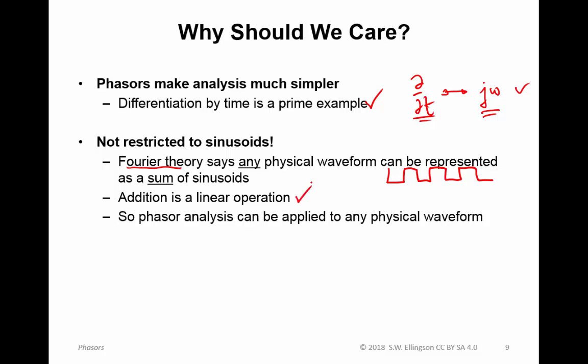Also, we know addition, the summing that we do here, is a linear operation. So, phasor analysis can be applied to any physical waveform. In summary, this means that phasor analysis doesn't limit us to sinusoids. It really gives us a way to deal with any physical waveform.